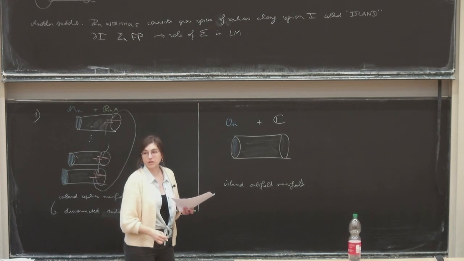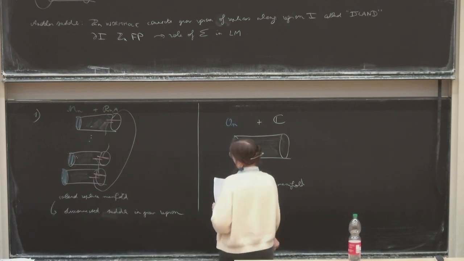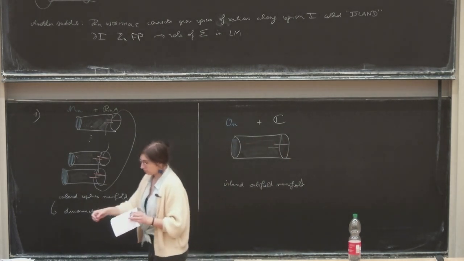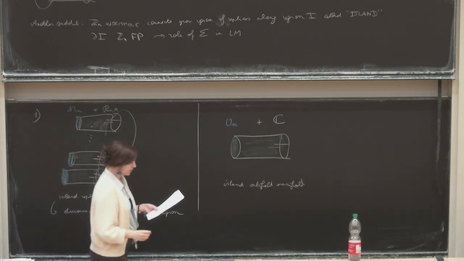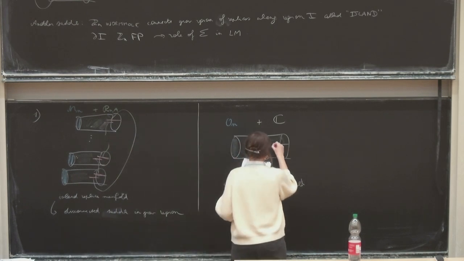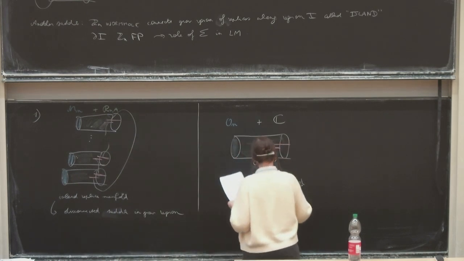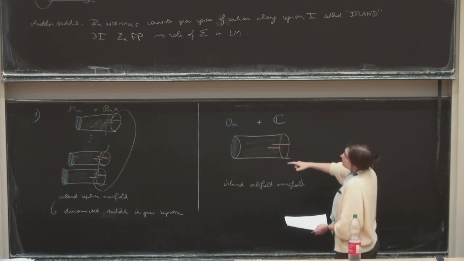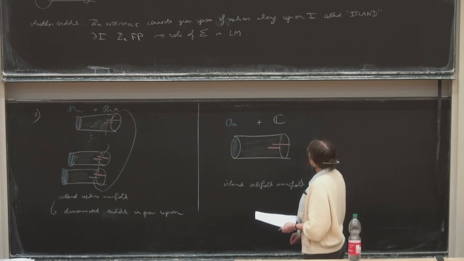So this is just C orbifold. So we have our radiation region here. And so in this first calculation, nothing's happening in the gravitational region.